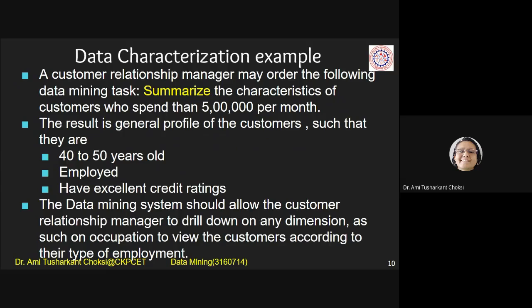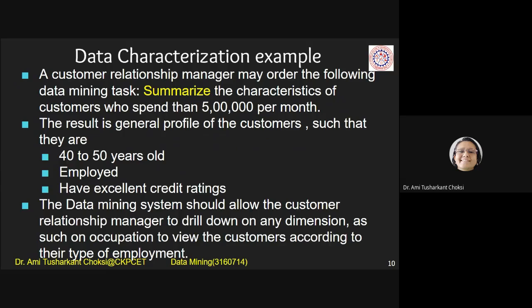So people who are rich, and a person is typically rich when that person is aged 40 to 50. We can say that rich persons' sons or daughters will also spend this much, right? So can we say those children are also included here? That can be, if we do have such data, right?